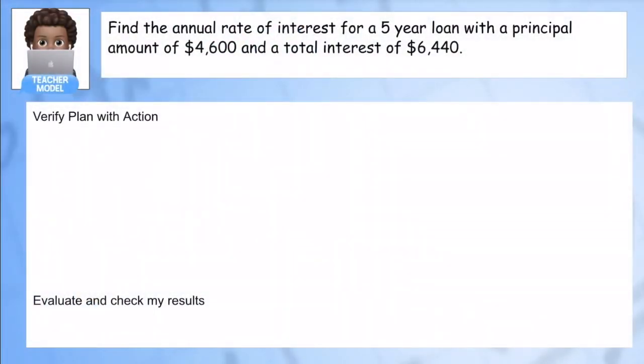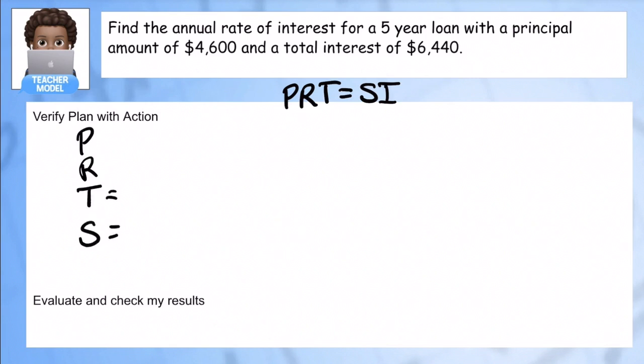All right, so let's hit pause for a second so we can jot this whole plan into our notes. Let's put this plan into action using our pretty simple formula. So PRT equals simple interest, that's what it stands for. In terms of the 4 items we need, we have 3 of them. We know the principal amount of $4,600. We don't know the rate, that's our unknown.